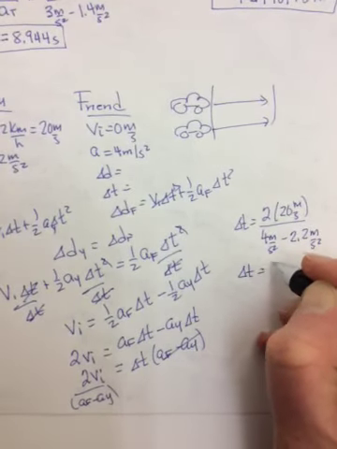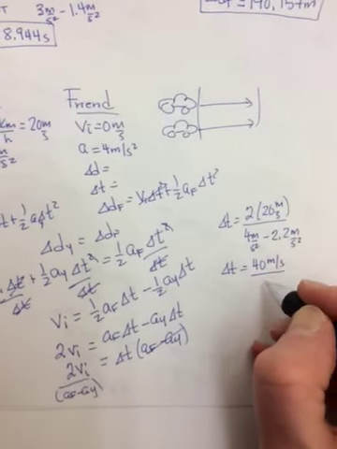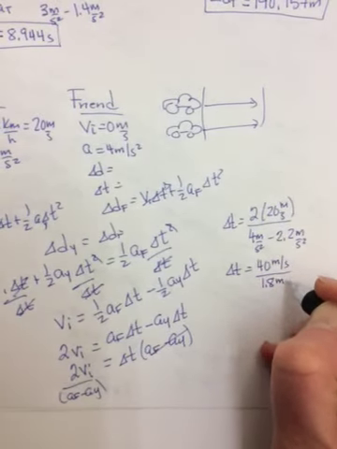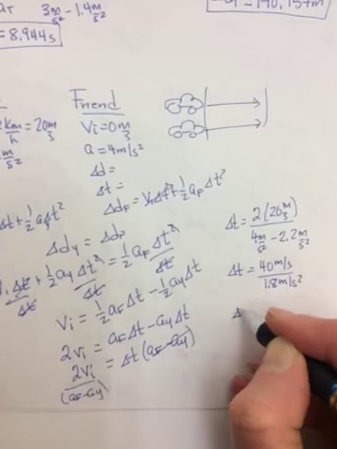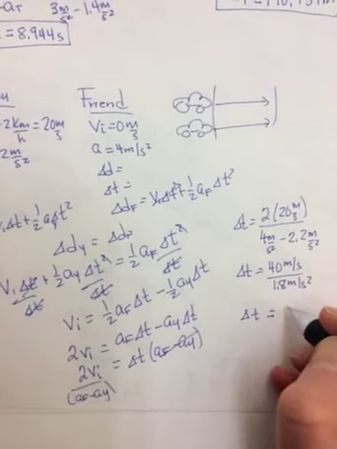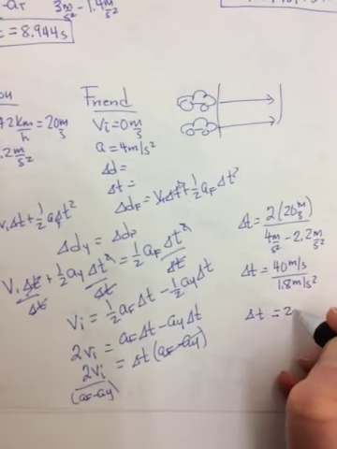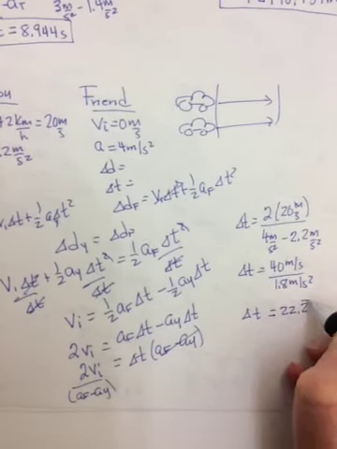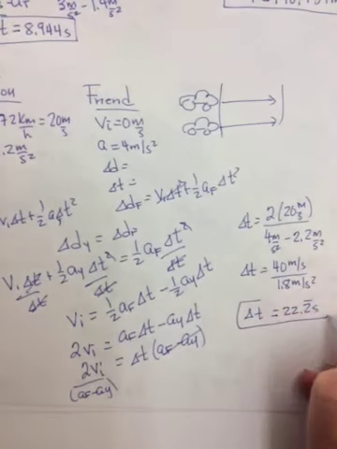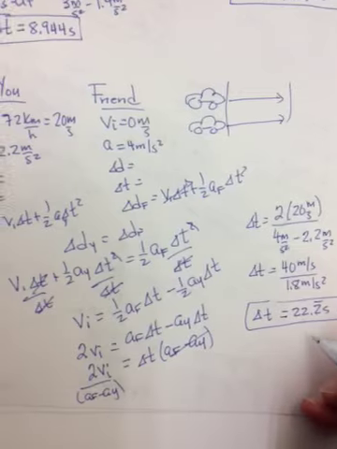So you get on the top 40 meters per second, and on the bottom 1.8 meters per second squared. When you divide them, I think you should get 22.2 repeating seconds.